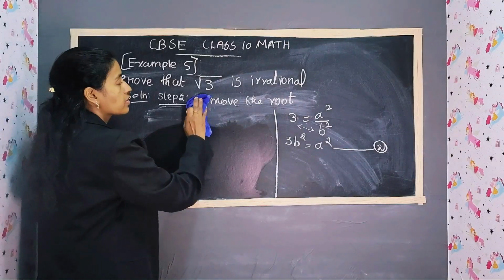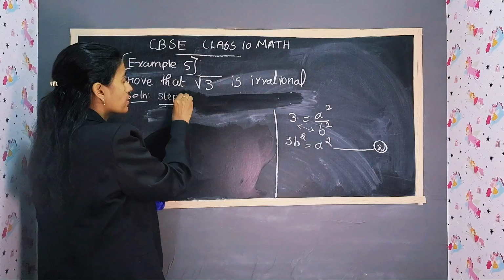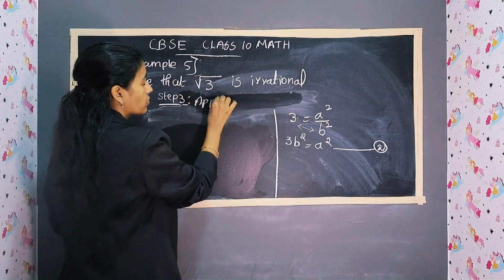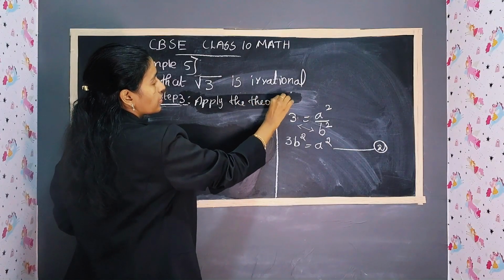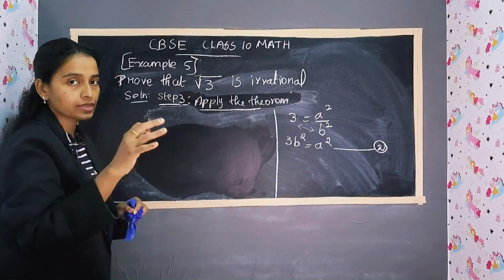Number 3 is apply the theorem. What theorem? Already we had learned about this, the important theorem. Let me write this. Step number 3 is apply the theorem.